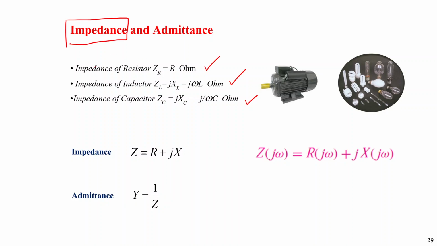We call impedance a mix of resistance, inductance, and capacitance. Okay, and inductance and capacitance will be in the imaginary part of the calculation, and the resistance is in the real part of the calculation. Okay, so we call this factor impedance, and the inverse of impedance we call admittance.